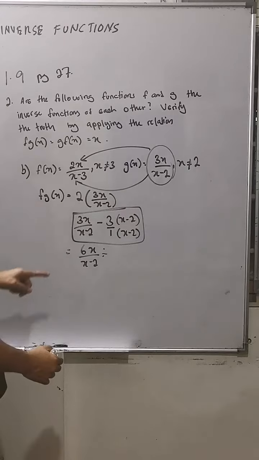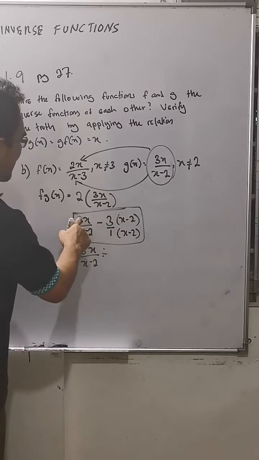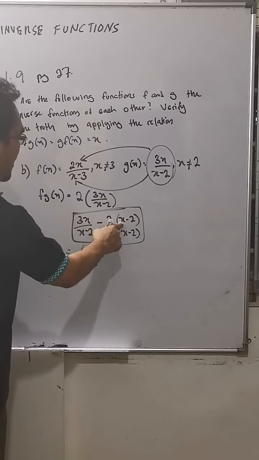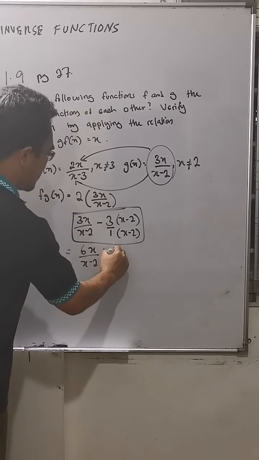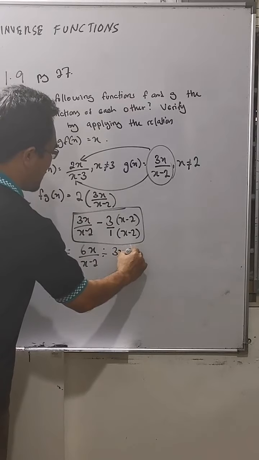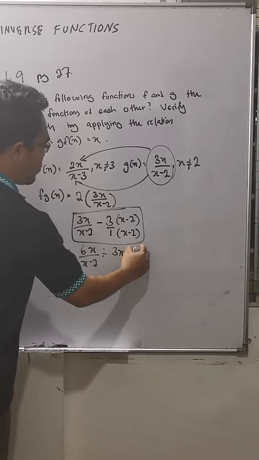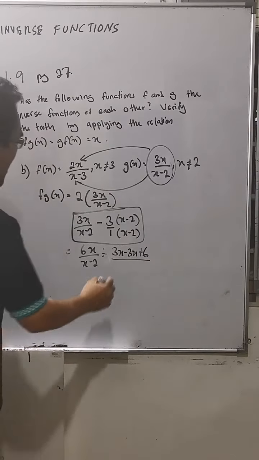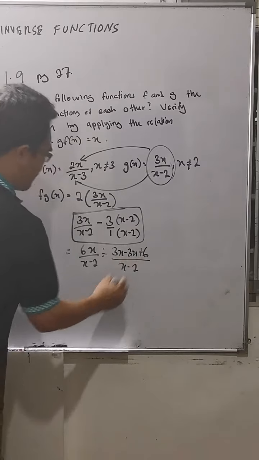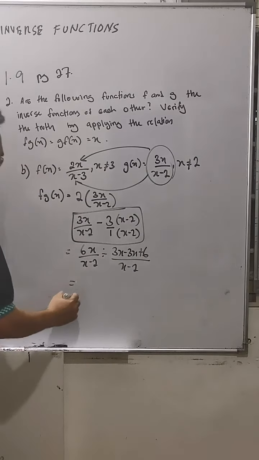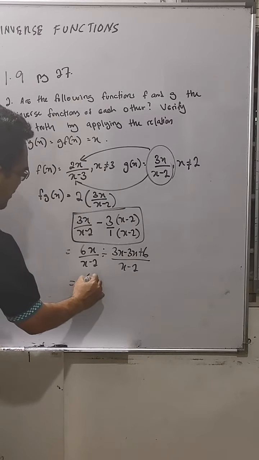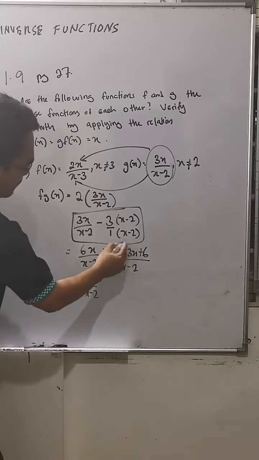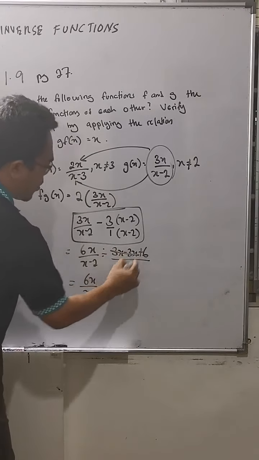On the top will be 3x minus 3x plus 6, because negative 3 times x is negative 3x, and negative 3 times negative 2 is positive 6, over x minus 2.